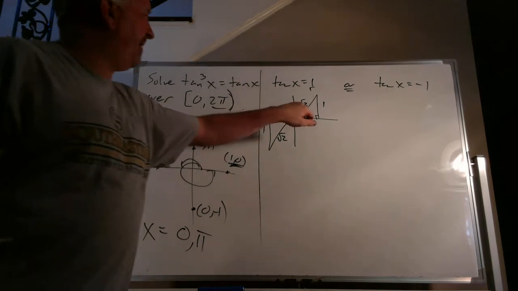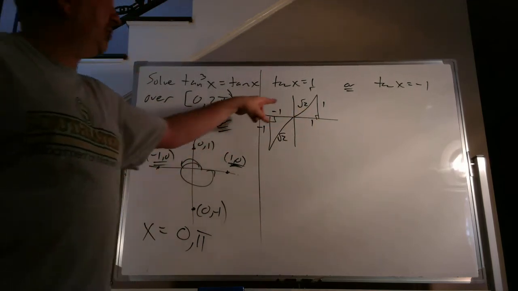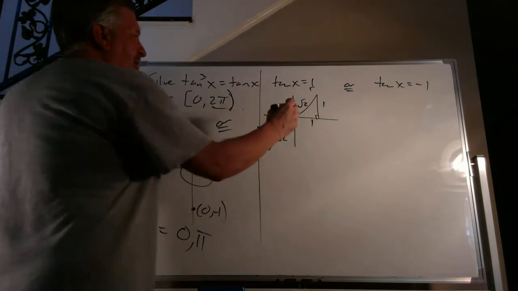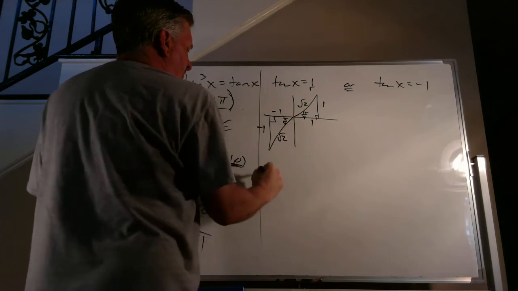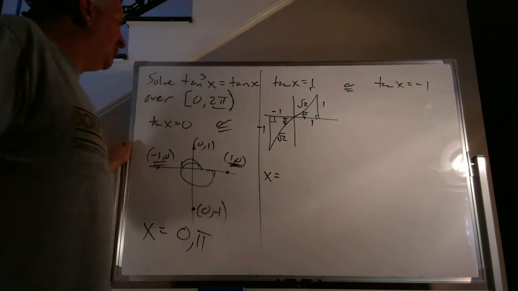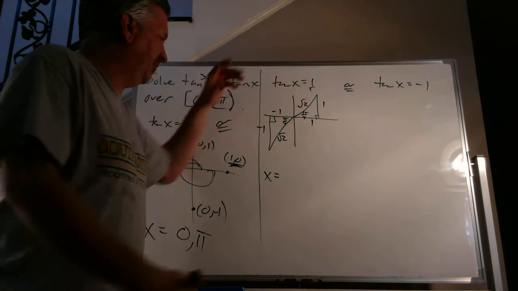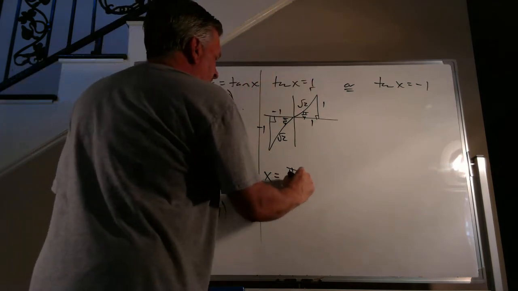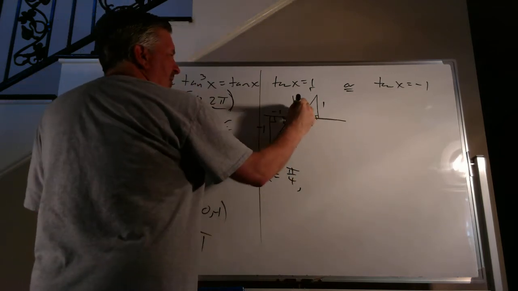Now, what's the reference angle for both of these in radians? Well, it's your 45, 45, 90 triangle, so the reference angle is pi over 4. Now, what are the actual answers? Those are the reference angles. Well, in standard position, from here to here is pi over 4. Easy. Now, how far is it from standard position here to here?